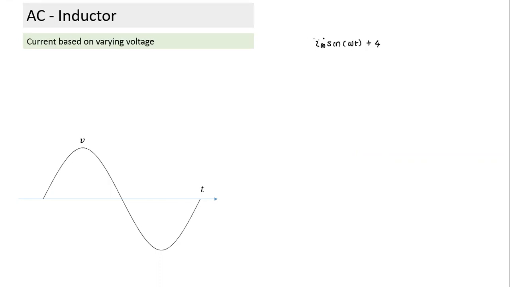If I integrate over one time period, will it come to 0? This term will integrate to 0, and this term will definitely not integrate to 0. Is it true or not true?